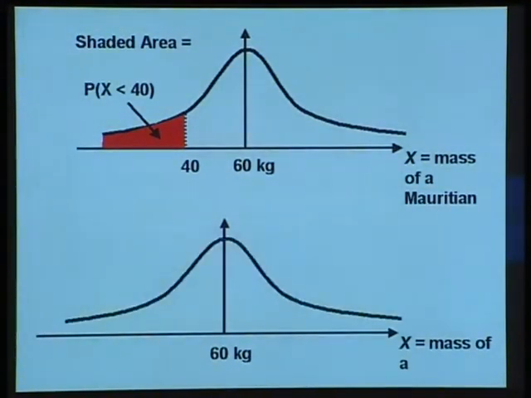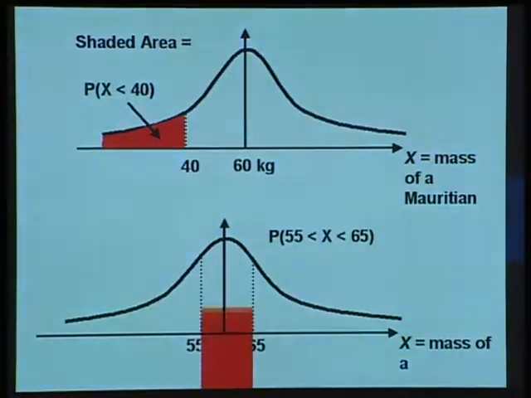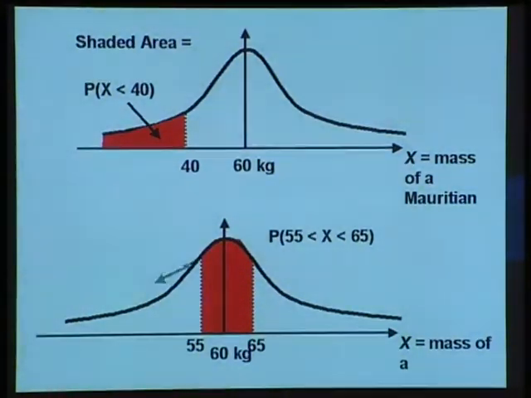If we want the probability that the mass of the Mauritian lies between 55 and 65 kilogram, then we start by locating 55 and 65 on the horizontal axis, drawing the vertical lines joining these values to the normal curve, and then shading this region. This shaded area would be equal to the probability that the mass of a Mauritian would lie between 55 and 65 kilogram.